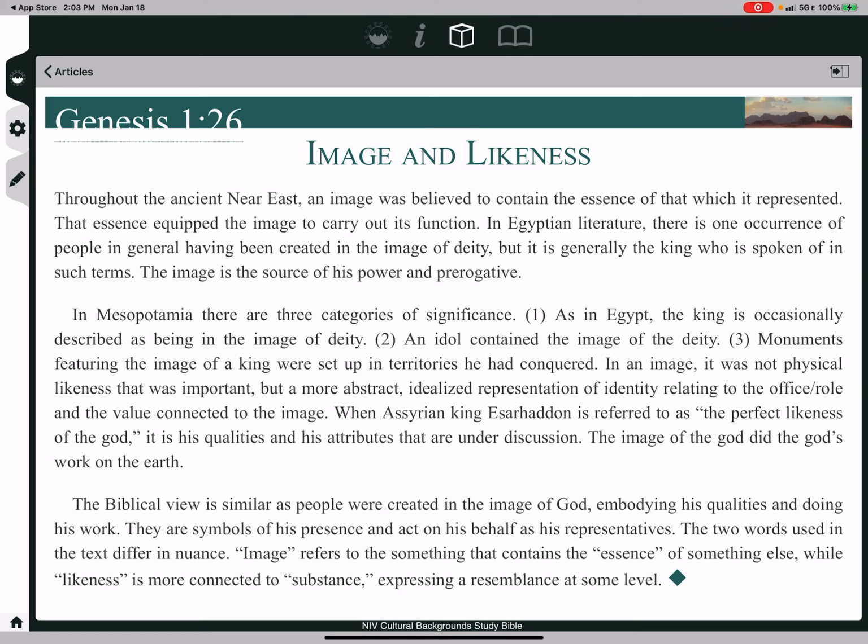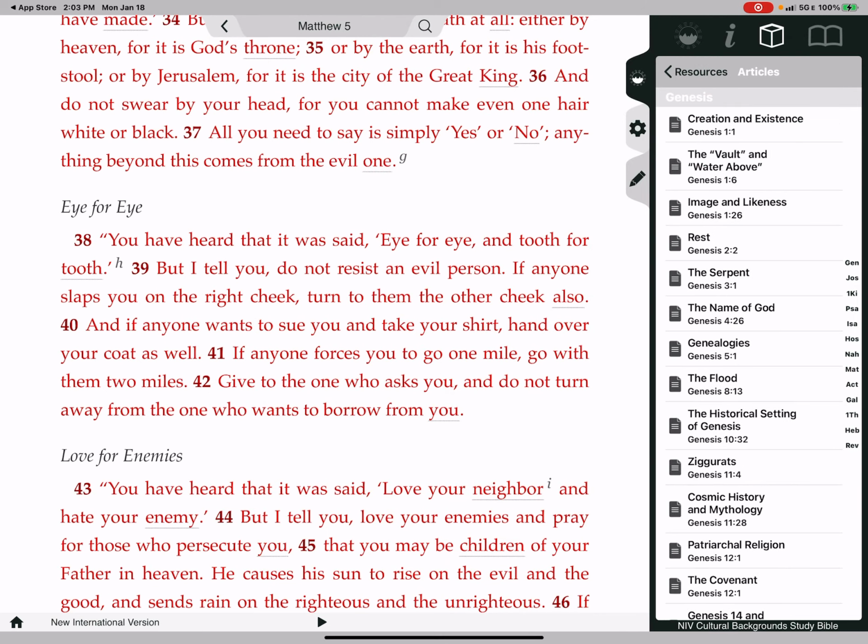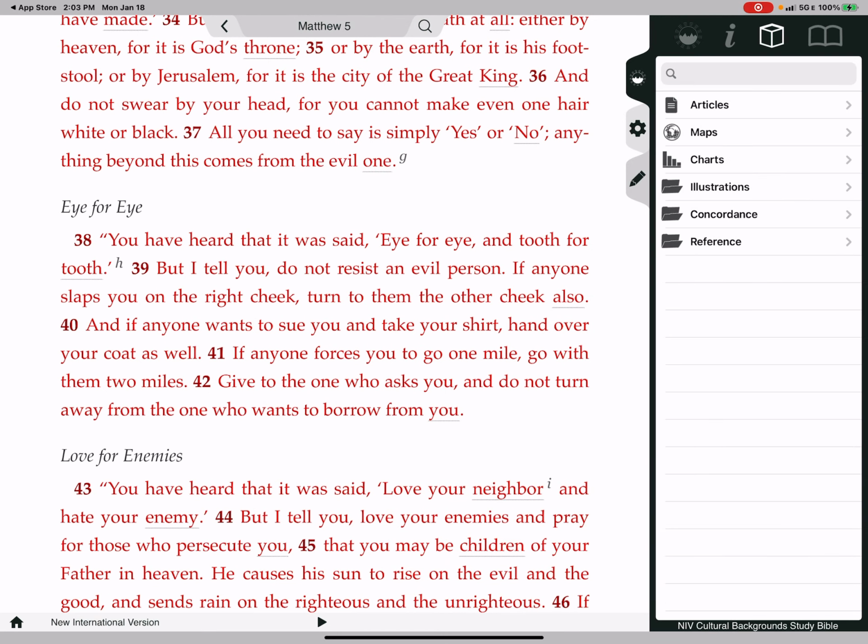Image refers to something that contains the essence of something else, while likeness is more connected to substance expressing a resemblance at some level. And so this is really a deep set of resources here. And like I said, this is one of my favorite resources.